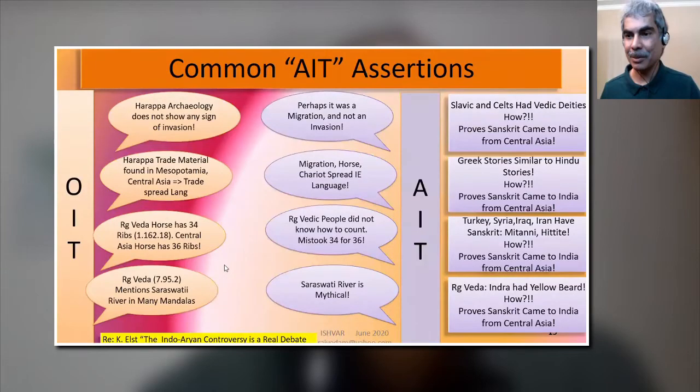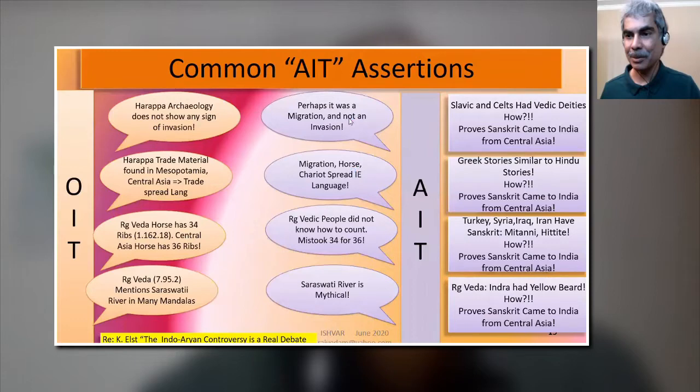A lot of common assertions. There have been scholars who have been contesting these theories right from day one, and it's of interest to see how the OIT, meaning Out of India, and AIT, meaning Aryan invasion theory, are two camps on two opposite sides, and what are their assertions? The OIT, for example, says Harappa archaeology does not show any sign of invasion.